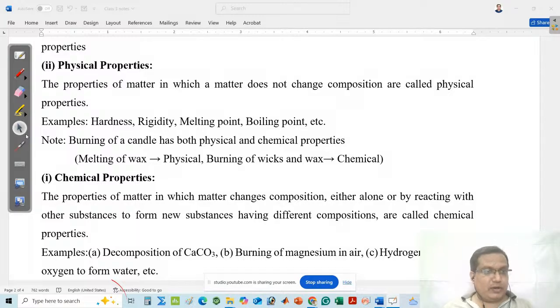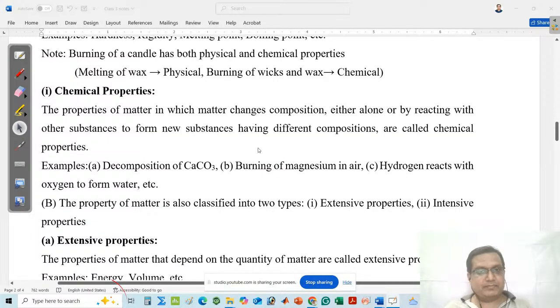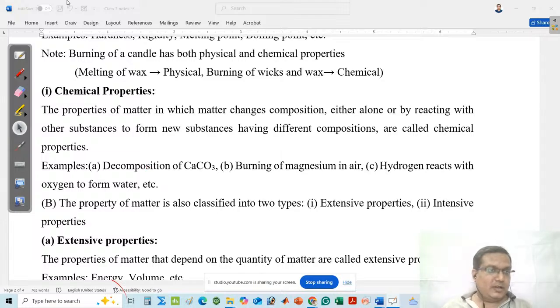Next, I will move to chemical property. Chemical property is most related to changes of composition. The change may be either alone or by reacting with another substance. Take an example: the decomposition of calcium carbonate.